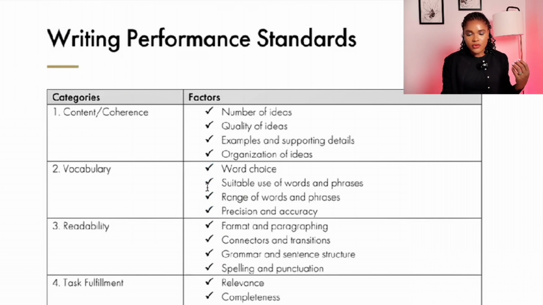So under suitable use of words and phrases and the range of words and phrases, basically they mean the same thing. You don't want to be repeating the same expression over and over again. You want to use as many words as possible, as many phrases as possible. What that means is if there is a particular word or phrase in your question and you have to repeat that expression or that word throughout your response, please try to use different words, synonyms, and paraphrases.